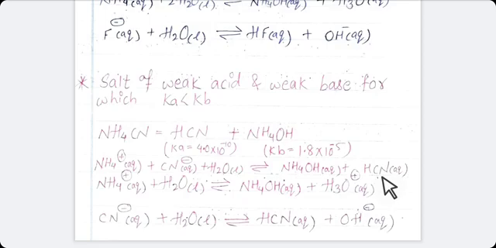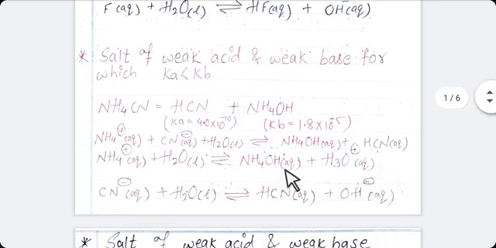When the ions of this salt react with water, we get the reaction NH4⁺(aq) + H2O(l) gives NH4OH(aq) plus hydronium ion (aq). Same here, the second ion, CN⁻, means cyanide ion. Students, always remember these two ions which react with water, these ions are from NH4OH and HCN.